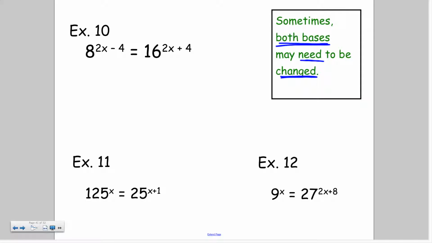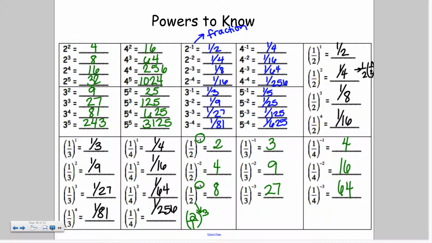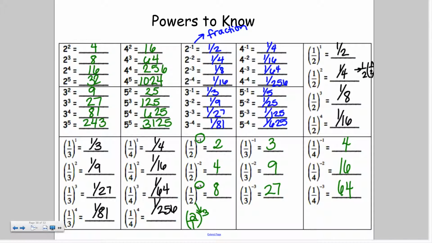Okay? So if I'm looking back over at my box and we're looking for the base of 8 and the base of 16 to be in the same box. Which box do I see 8 and 16 in?